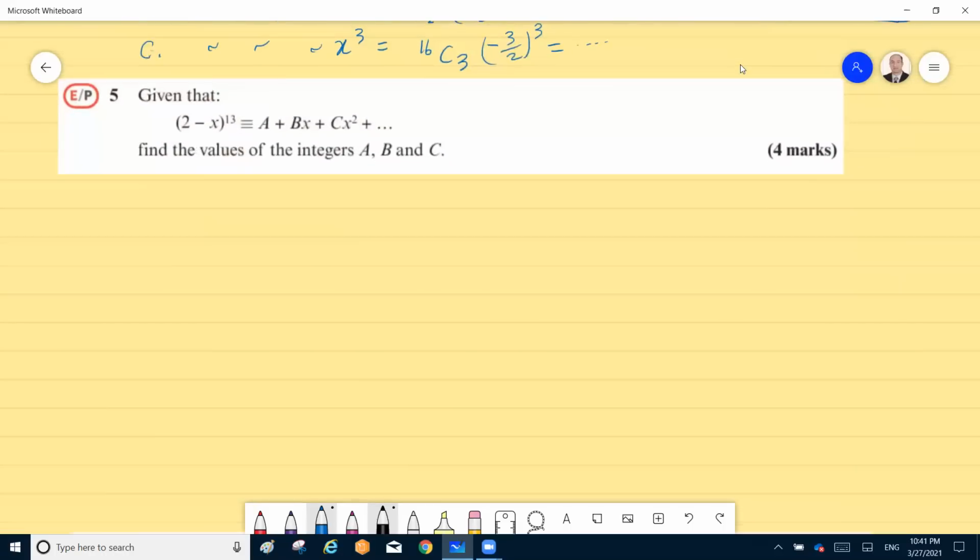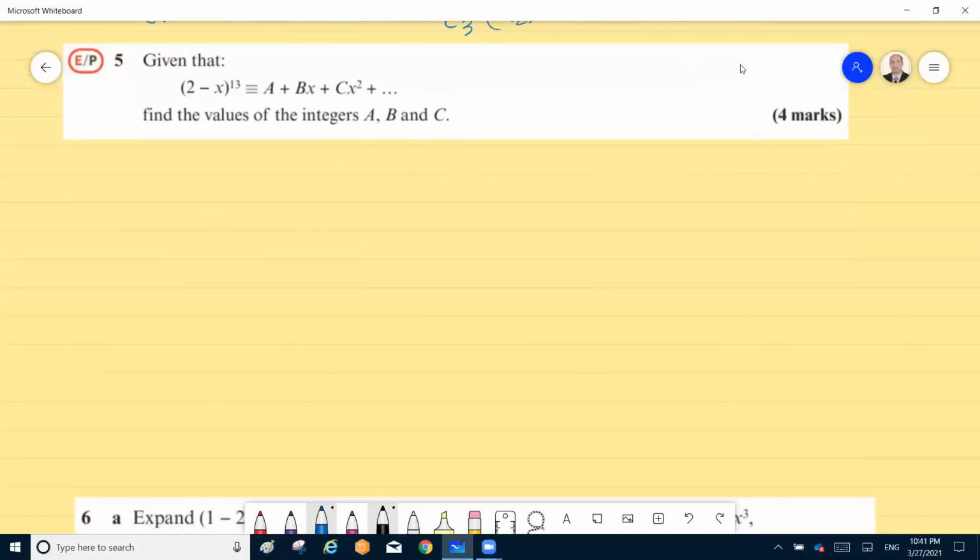Number 5. Given that (2 minus x) to the power of 13 is a plus bx plus cx squared and so on, find the values of a, b and c. It's very easy. Now write the expansion, the first 3 terms only.